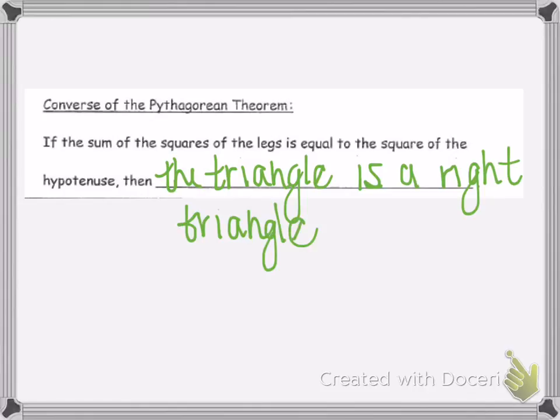So basically, if we plug it into the Pythagorean theorem, a squared plus b squared equals c squared, and everything checks out, and it looks to be like a check where we get something true, like 10 equals 10, then we know that the triangle that we're examining is actually a right triangle.